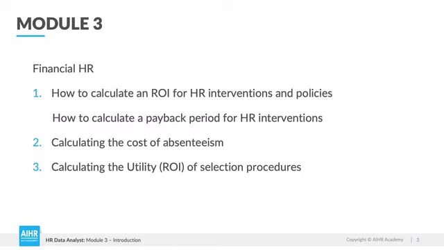The third lesson will involve calculating some different ratios. By doing those calculations and using a calculator online, you can see whether you have a positive return on investment, which refers to the first lesson, when you implement certain additional selection procedures for your workforce.